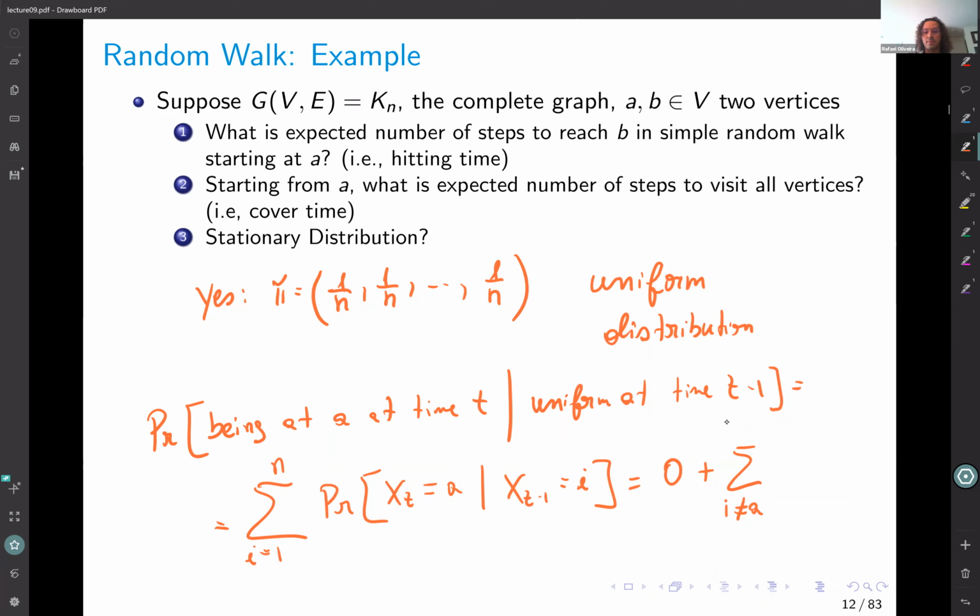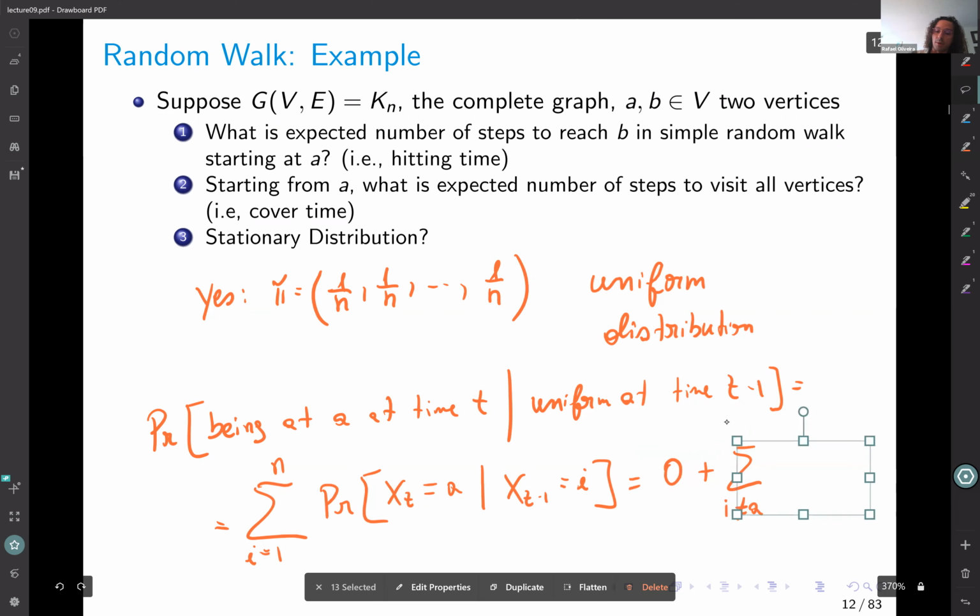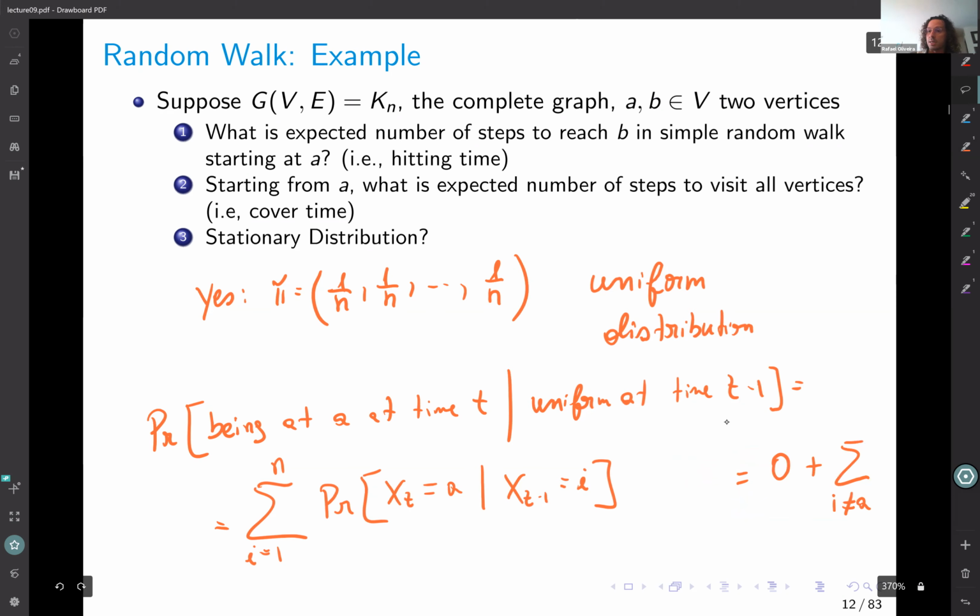Sorry, I forgot to write the second part here, which is the probability of X_{t-1} equals i. Because I'm saying if I'm uniform, I know that this probability, first of all, is 1/n. Let me copy this as well.